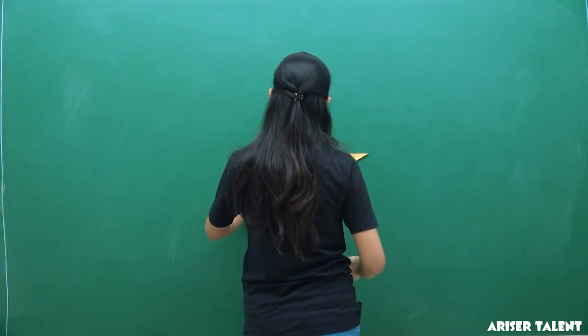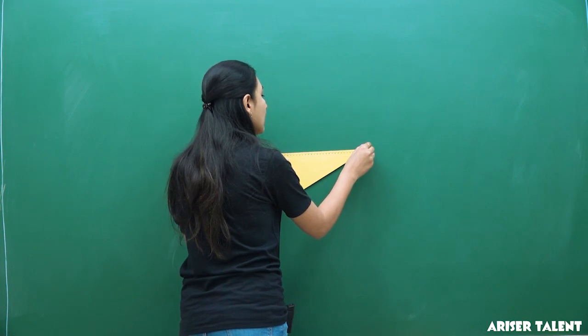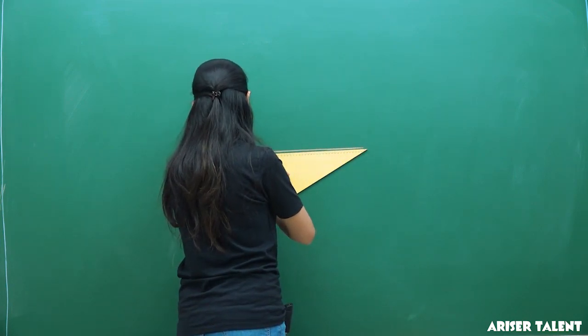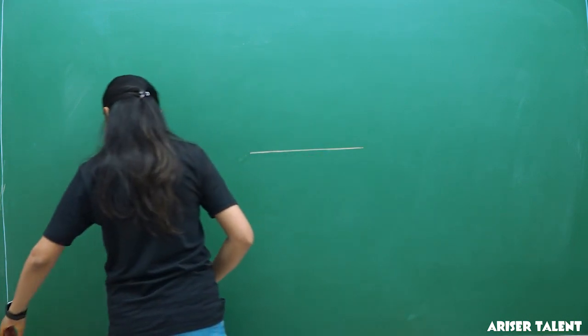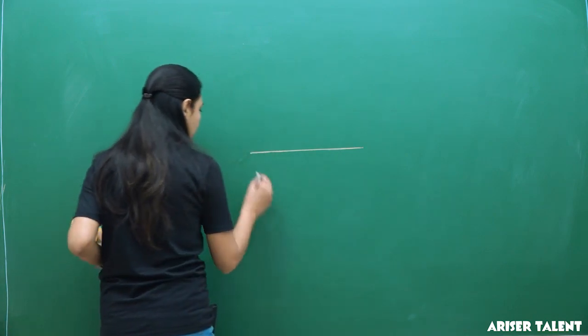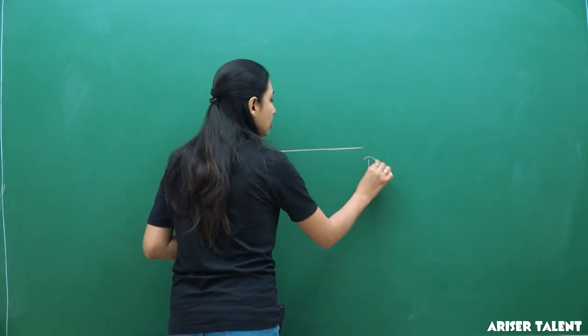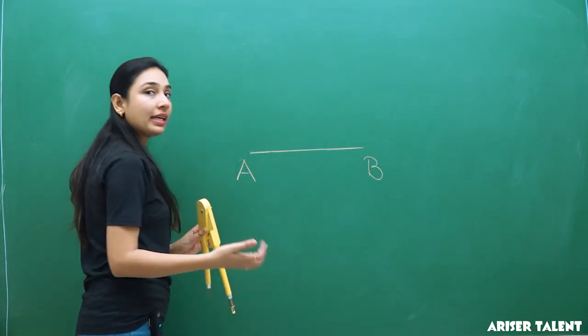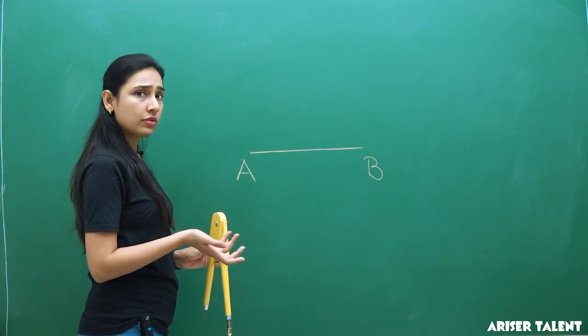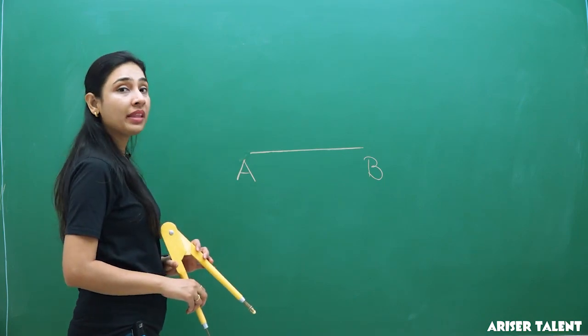How should we make angle 90 degree? You are given a line. Okay, so draw that line. After drawing that line, let's suppose this is A and this is B, so you're going to make an angle BAC, let's suppose C, so that will be 90 degree.